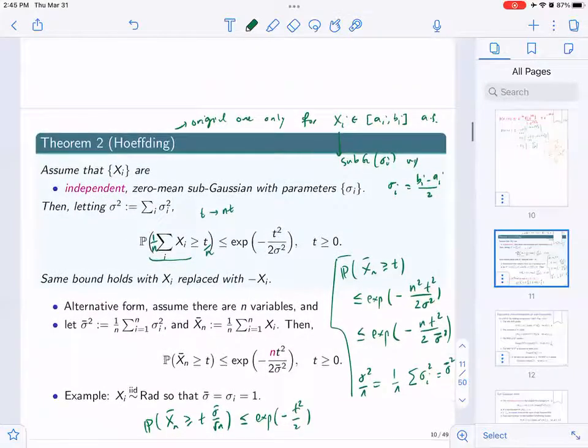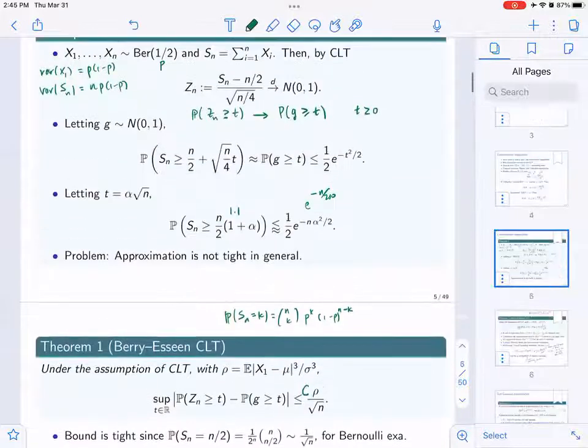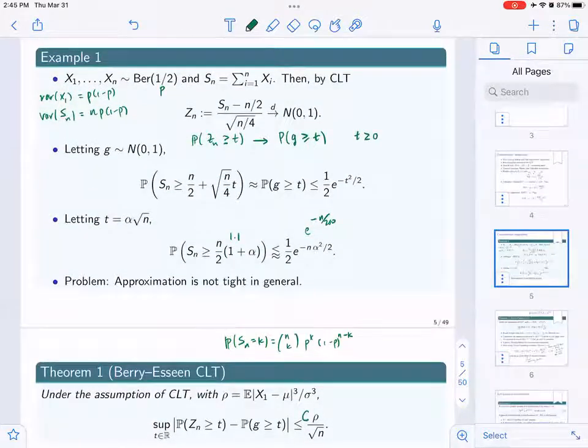I should point out that for Bernoullis, you could get a better bound. For this particular case, where you have Bernoullis, there's a sharper bound, which you may see in your homework problems. It's called Cramér's bound, which is a large deviation bound, and the KL divergence or entropy is coming.